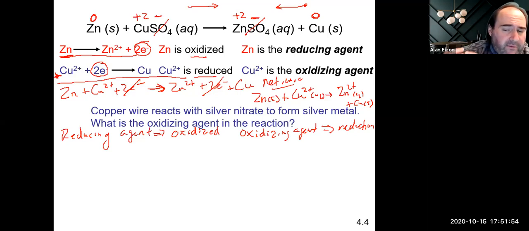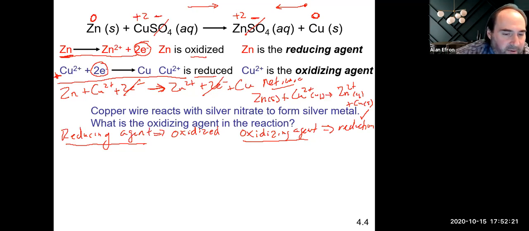So the thing going through reduction, which will gain those electrons, has to cause something else to lose them and be oxidized. And that is why the oxidizing agent is the thing that gets reduced. While if something is getting oxidized, that means somebody else will gain the electrons and they will get reduced. So they're called those things because they cause the opposite effect in the other substance.